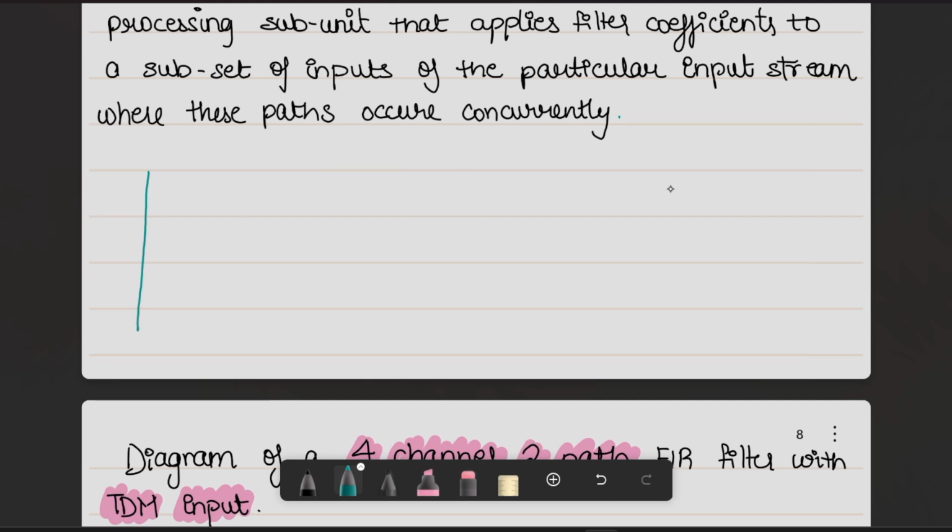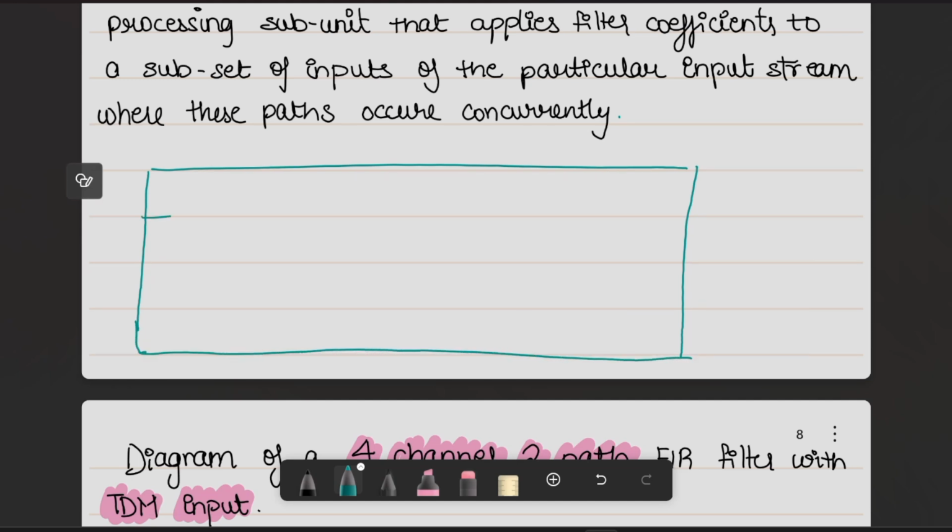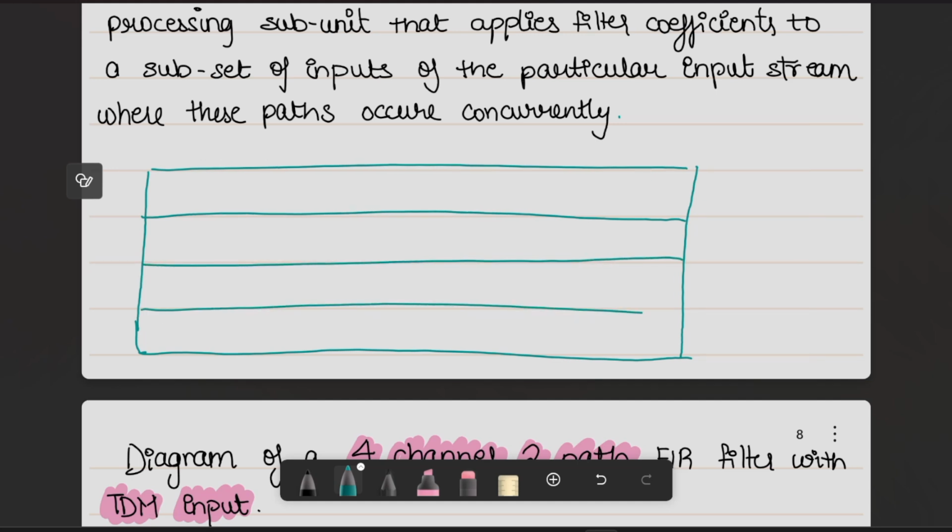If I had to draw a diagram for a 4-channel FIR, it would look something like this. This would be my channel 1, this would be my channel 2, this would be my channel 3, and this would be my channel 4.